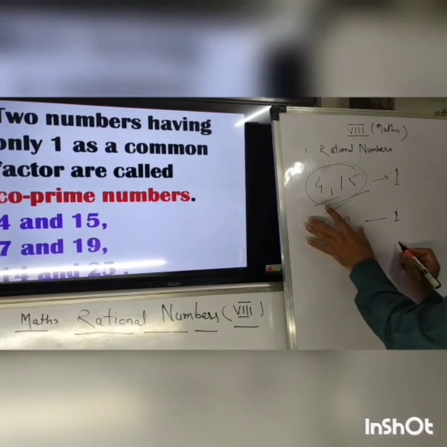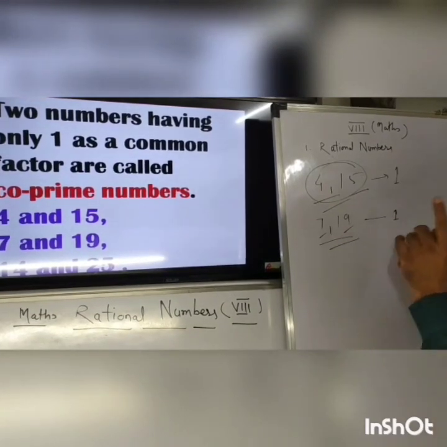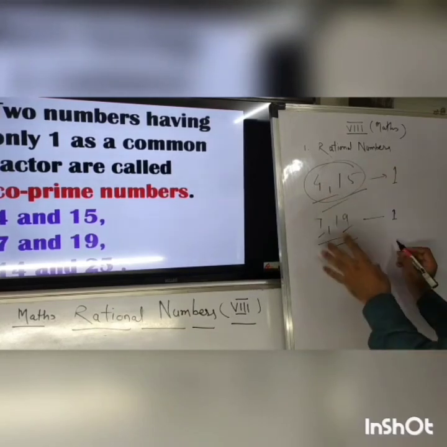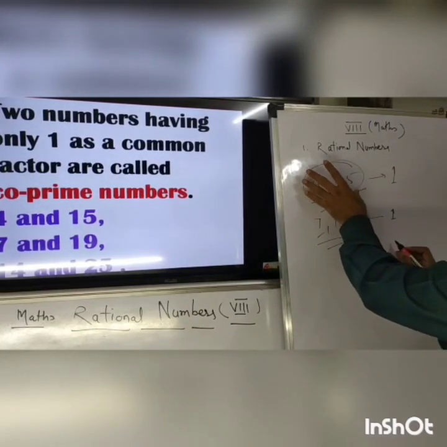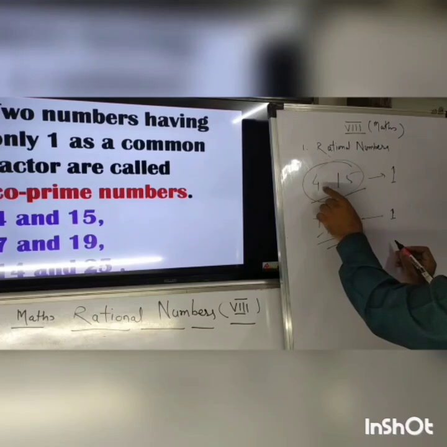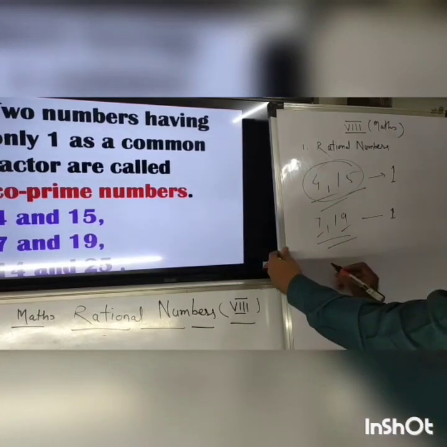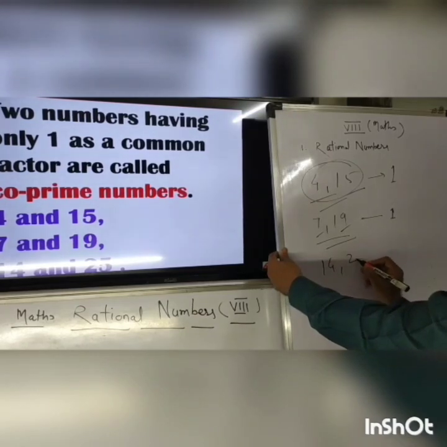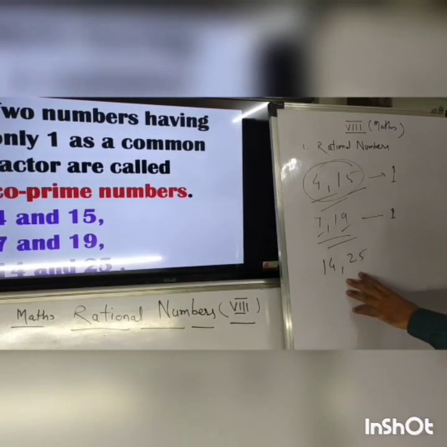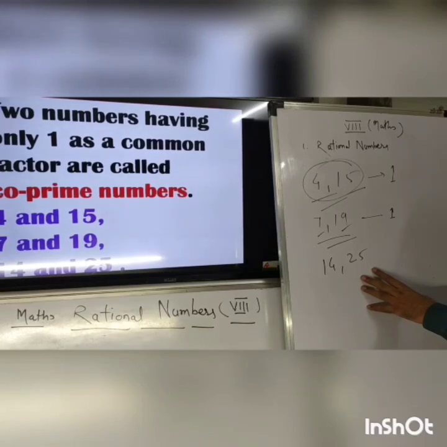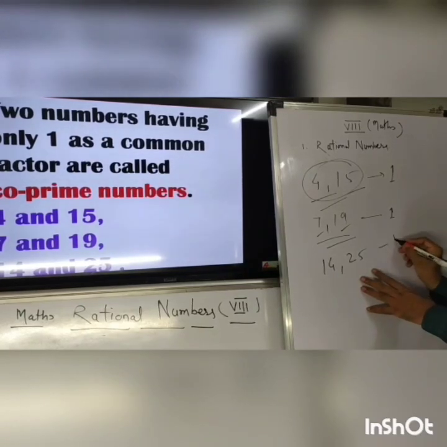So prime numbers are always co-prime, but it is not necessary that every pair of co-prime numbers are prime numbers. I have just taken one example, 4 and 15. Let us see another example, 14 and 25. These are not prime numbers, but they are co-prime, because between 14 and 25 there is only one common factor, that is 1.